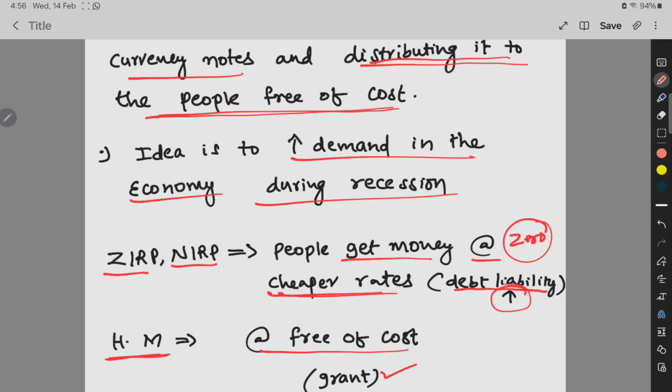It is like a grant. They need not pay any interest. In the zero interest rate policy and negative interest rate policy, if people get money from the banks, they have to pay at least a minimum interest rate. It may be less, but they have to pay. But under helicopter money, they need not pay any interest because they get the money freely. It is like a grant.